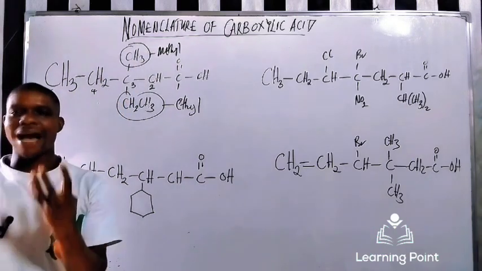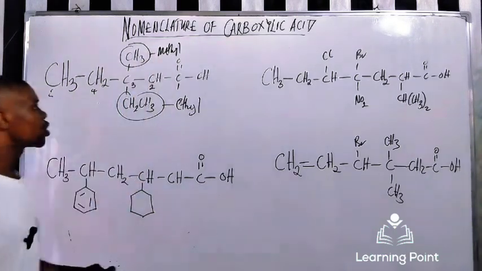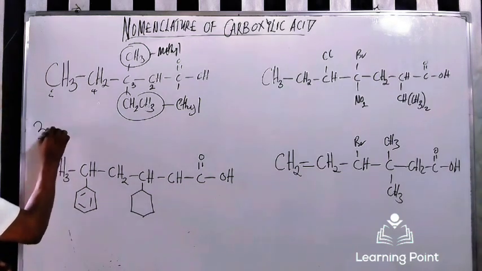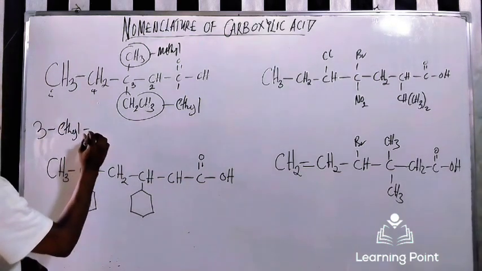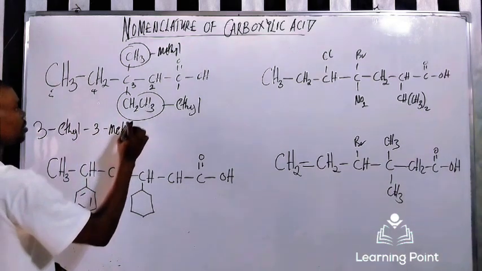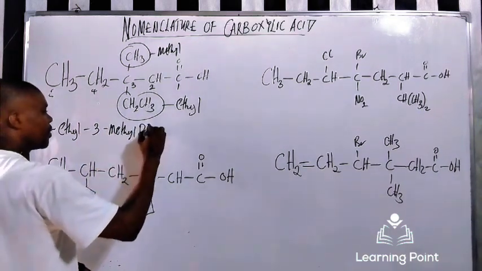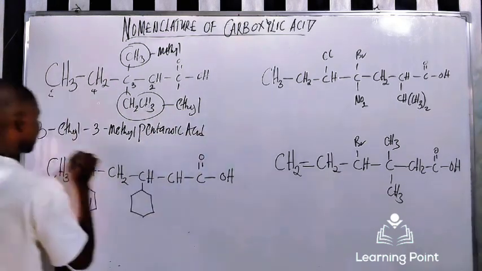So you must arrange them alphabetically. E comes before M in alphabetical order. So it's going to be 3-ethyl, then 3-methyl, then pentanoic acid. Do you see that?